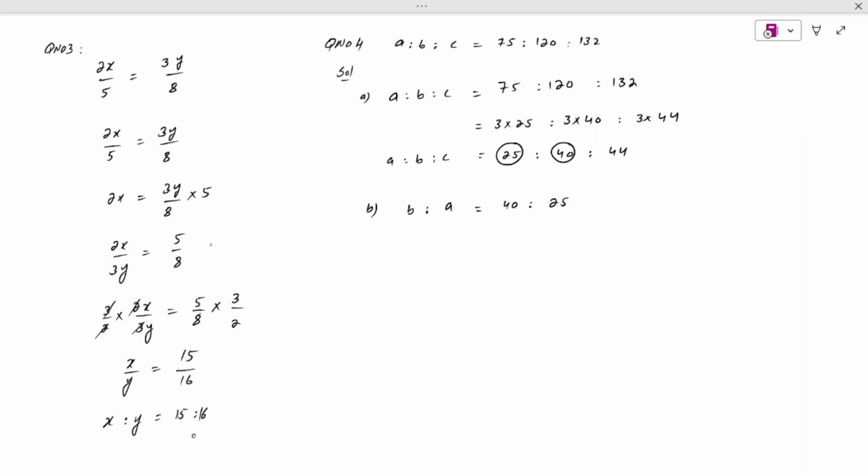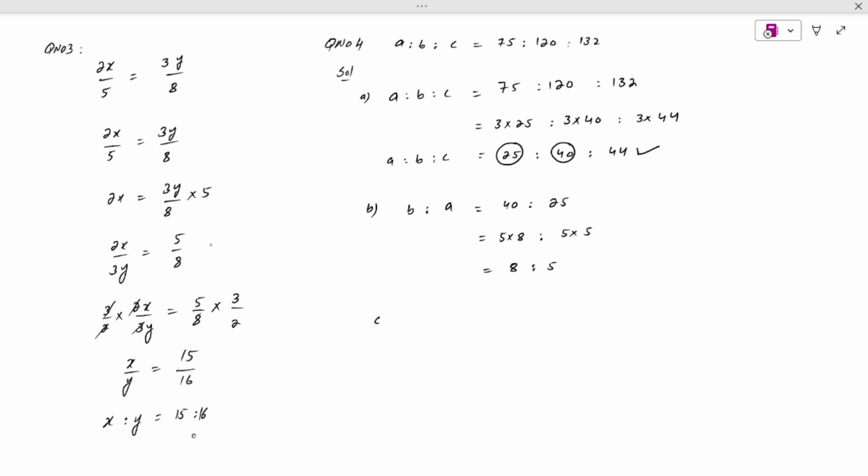This ratio can be simplified further because we have only two terms. Above we had three terms, where 44 is not divisible by 5. Now 40 and 25 are both divisible by 5, so we can write 5 times 8, which is 40, and 5 times 5 is 25. Cancelling 5, we are left with 8 ratio 5, which is the simplified form of B ratio A.